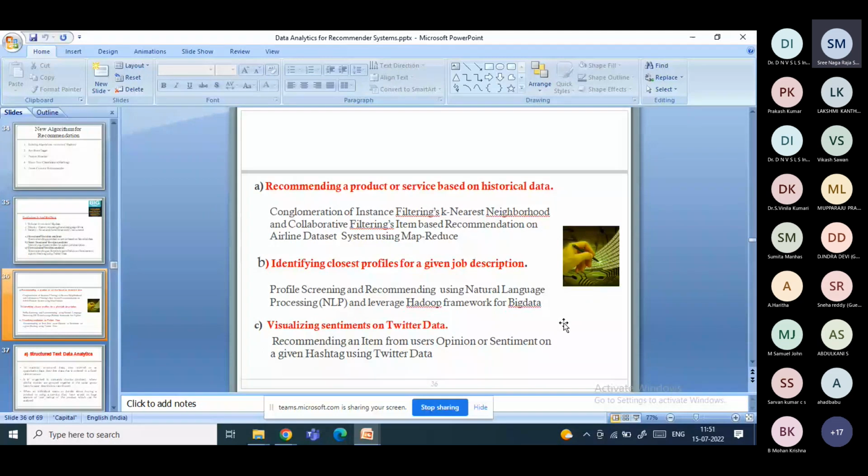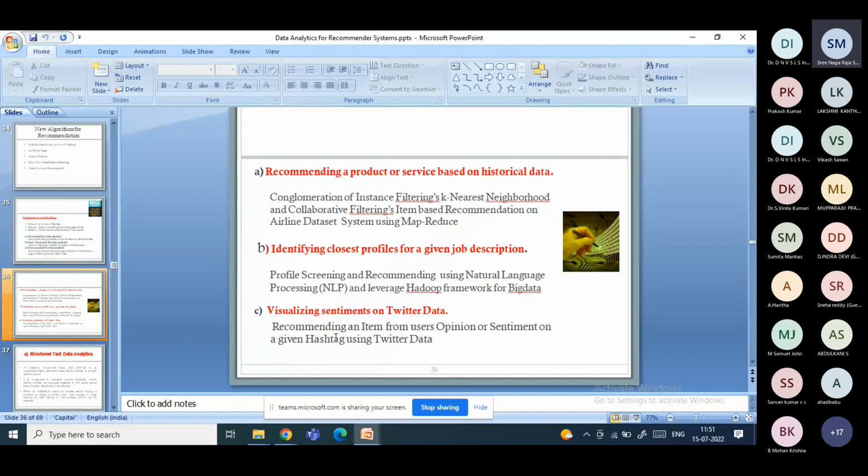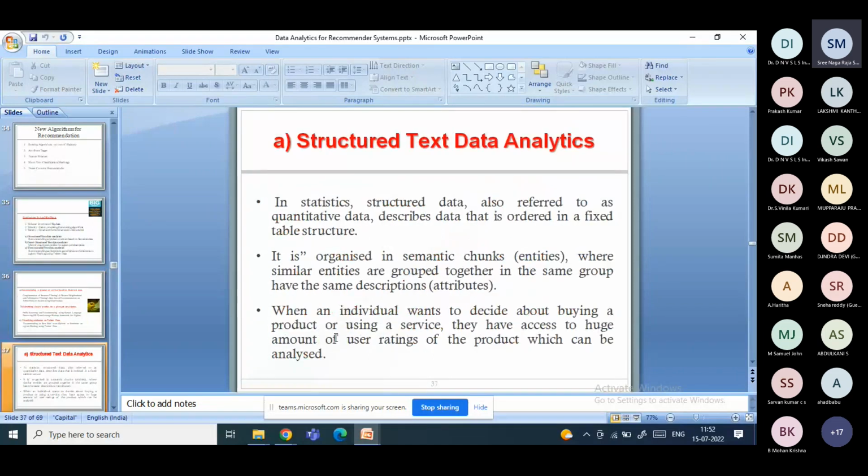For this, we can use the instance filtering algorithm and the nearest neighborhood algorithm for collaborative filtering. For semi-structured data, we can go with natural language processing. For unstructured data, we can go with the tweet polarizer algorithm or the tweet content recommender algorithm. So all the recommendations can be applied to structured, semi-structured, and unstructured data.